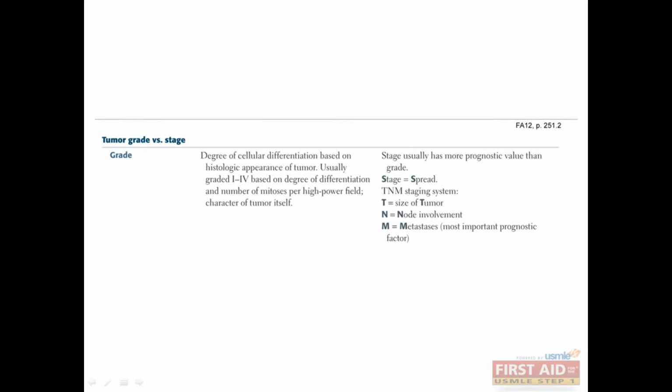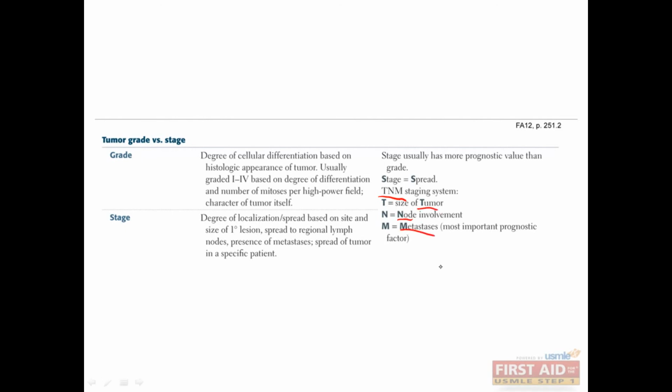The most important thing to remember about grade is that it does not typically have value in prognosis. That's where stage comes in. Tumor stage is based on the macroscopic features of the tumor. Although the specifics vary with each tumor, stage typically uses the so-called TNM staging system. T for tumor size, N for node involvement, and M for metastasis.